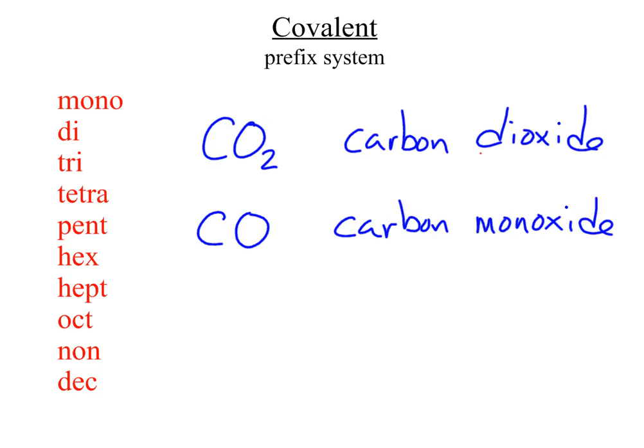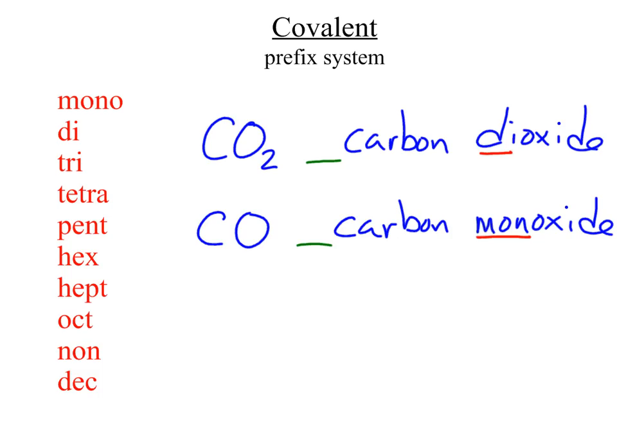So as you can see, the di prefix for the two oxygens in carbon dioxide, and the mono prefix in carbon monoxide for the one oxygen in there. It's important to understand, too, that you do not see the mono in front of carbon. So if the first element is a single atom, then you would leave off the mono part. It's understood there.